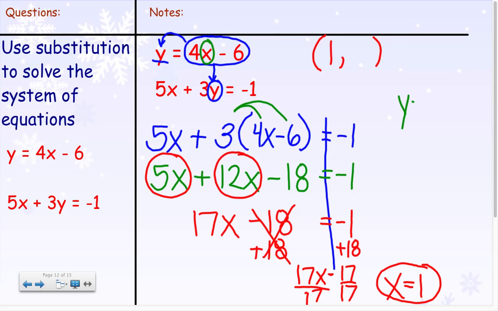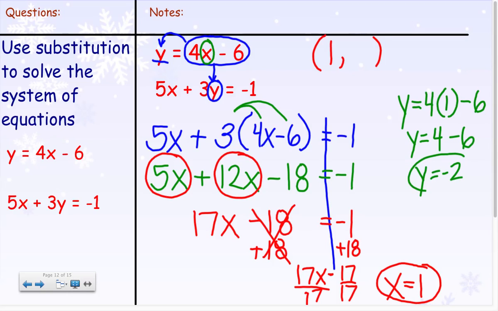So y equals 4 times 1 minus 6. 4 times 1 is 4. 4 minus 6 is negative 2. So this would be intersecting one solution.